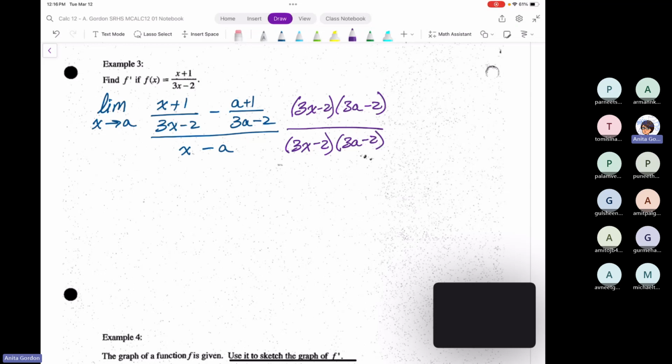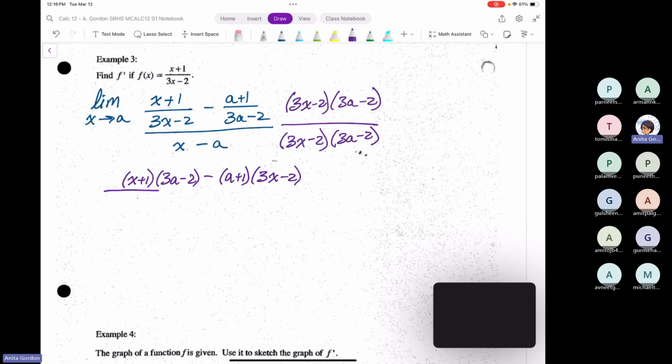It's going to take us a moment, so bear with me with a moment of silence here. This way might be uglier because we don't actually have a point of interest. We're just using a general point a.